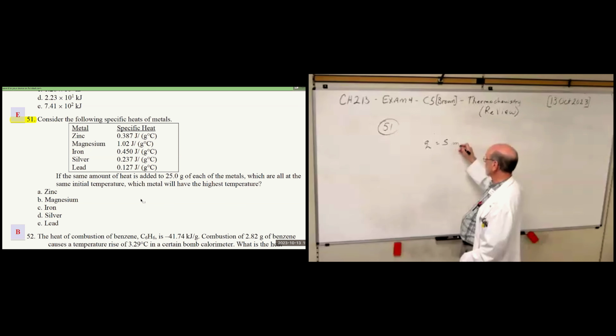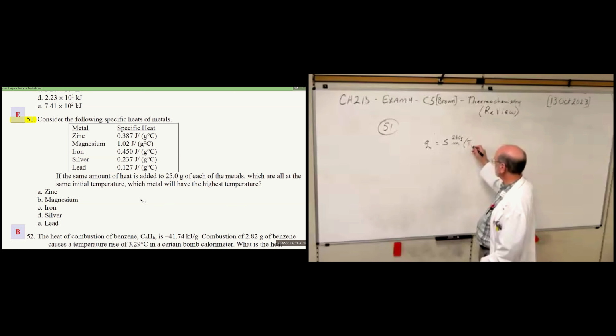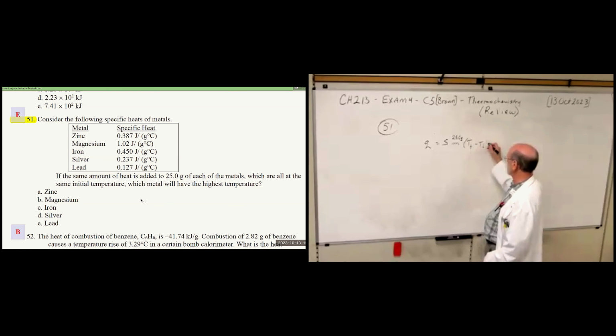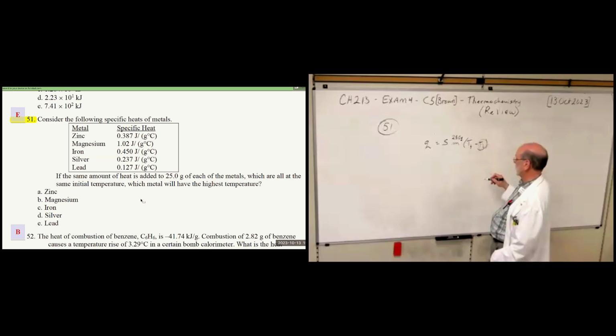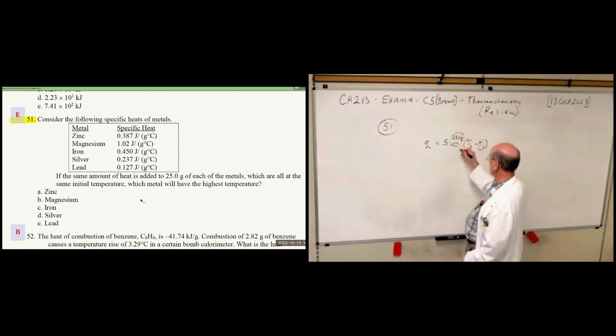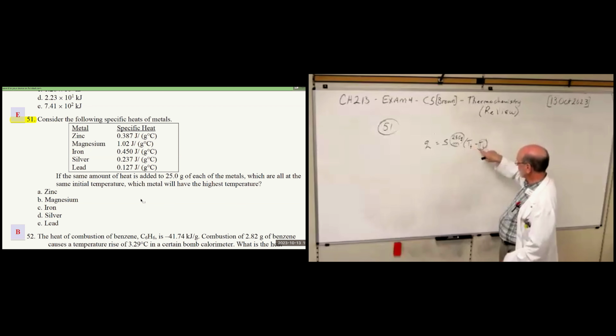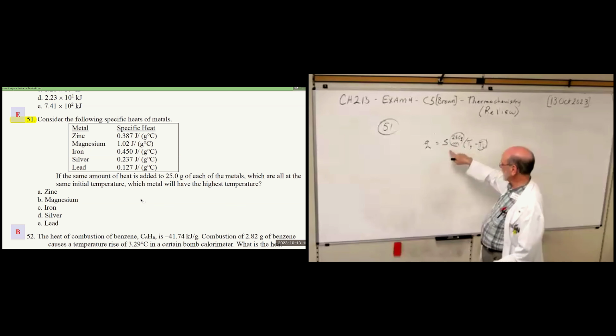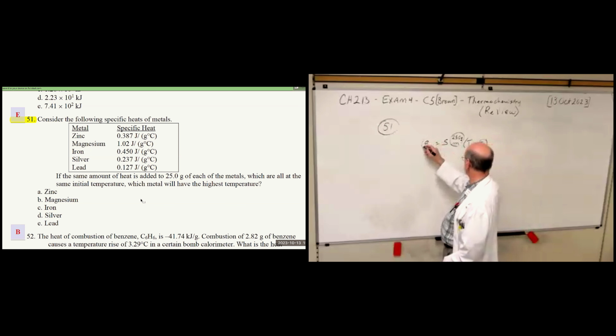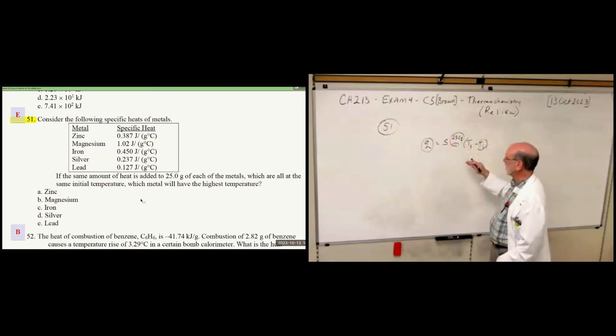And the masses are the same, 25 grams, right? And then the delta T is T final minus T initial. This one's constant. This one's constant.